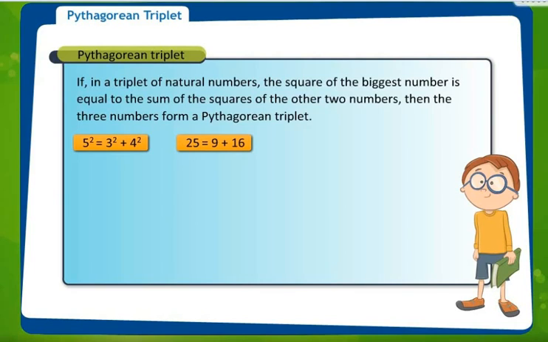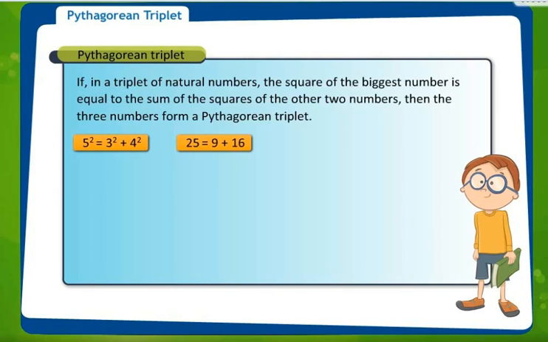Now in Pythagorean triplet, what happens is, if in a triplet of natural numbers, that means in a set of 3 natural numbers, the square of the biggest number is equal to the sum of the squares of the other 2 numbers, then the 3 numbers form a Pythagorean triplet. For example, you can see here we have 3 natural numbers, 3, 4, 5.